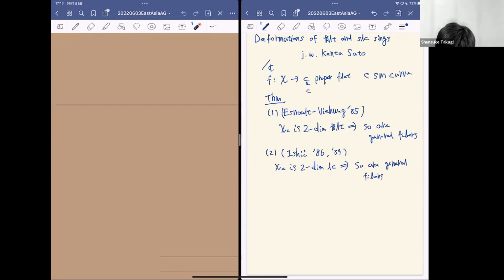This is result A. Result B is the higher-dimensional case: let eta be the generic point of C, and assume the generic fiber is Q-Gorenstein.